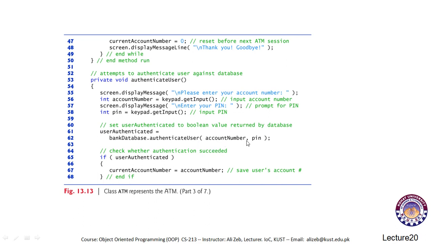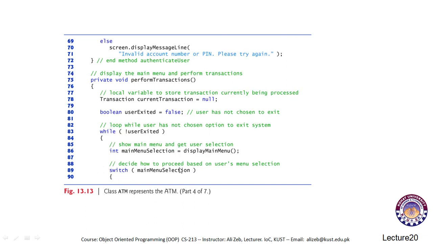Once these details have been verified for this user, we will authenticate the user. If the user is authenticated, the current account number will be updated to the account number we have received from the user. The current account number was initially set to 0, and now it will be set to the account number we have received from the user. Else the screen should display: Invalid account number or PIN. Please try again.